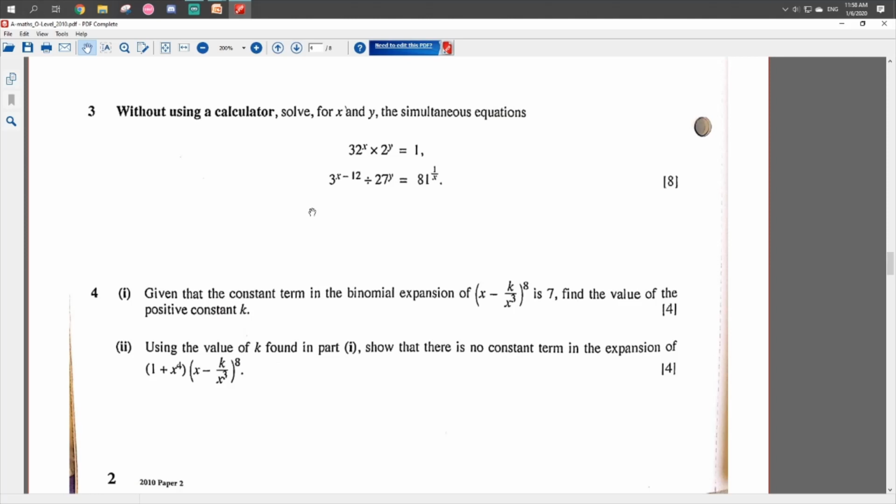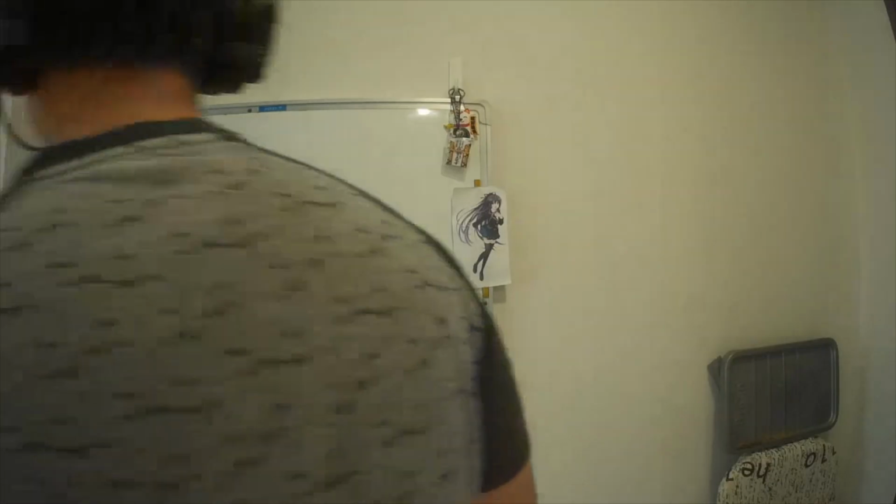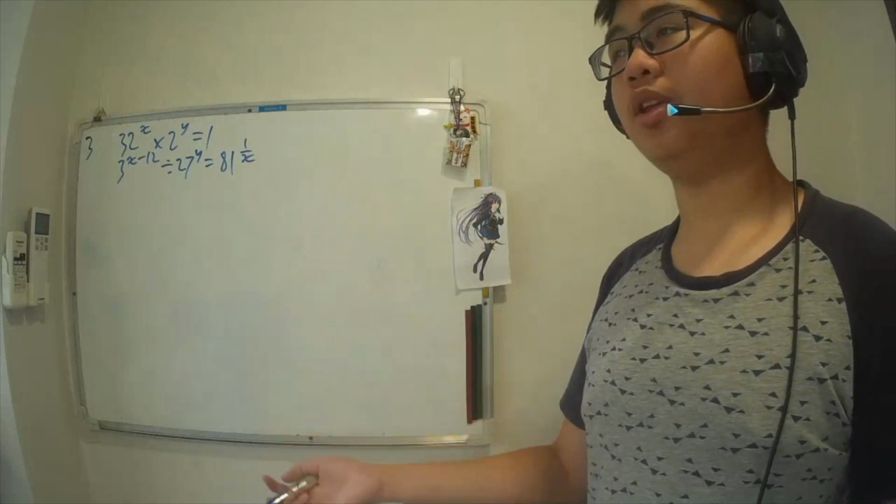So, without using a calculator, solve the simultaneous equations: 32 to the x power times 2 to the y power is equal to 1, and 3 to the power of x minus 12 divided by 27 to the y power is equal to 81 to the 1 over x power. Okay? So these are our simultaneous equations.